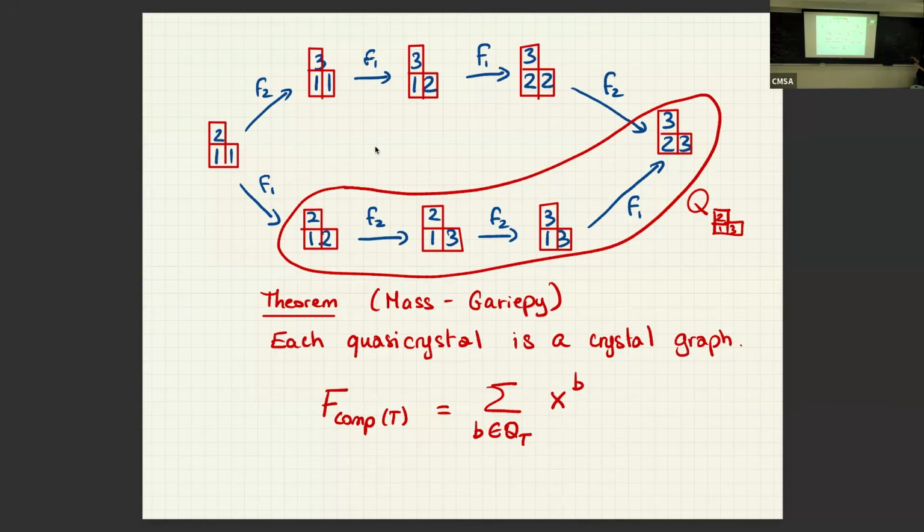So each quasi-crystal gives me a connected graph that's a crystal itself. That gives me the information on the fundamental quasi-symmetric function, and also gives me a partition of my crystal graph, since every semi-standard Young tableau standardizes to a tableau.